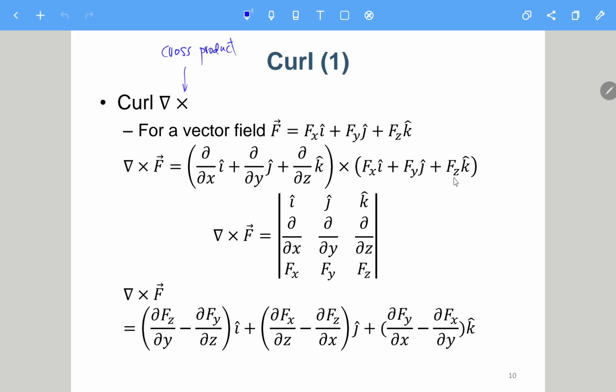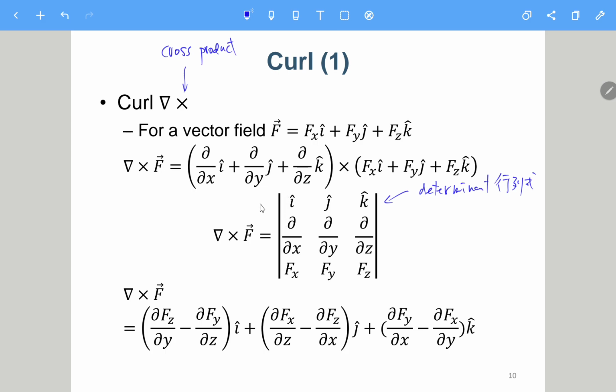So we have Fx, Fy, Fz as the x, y, z components. For the cross product, we can try to use this determinant to really calculate the cross product of these two vectors.